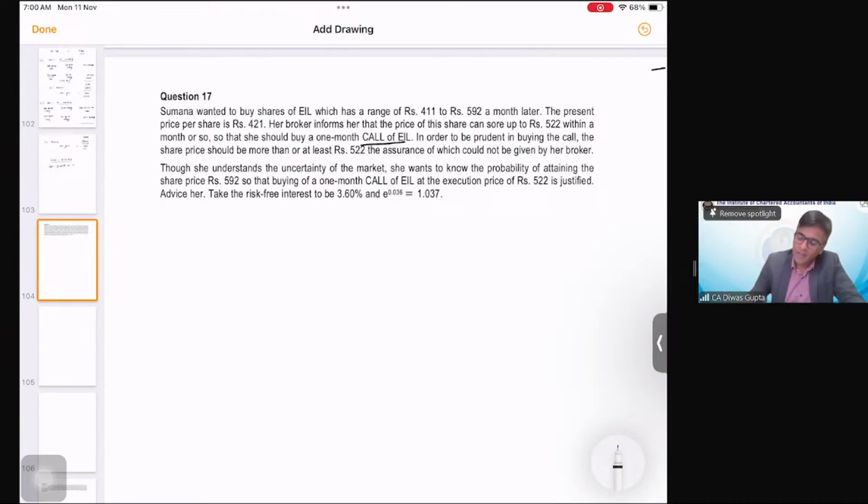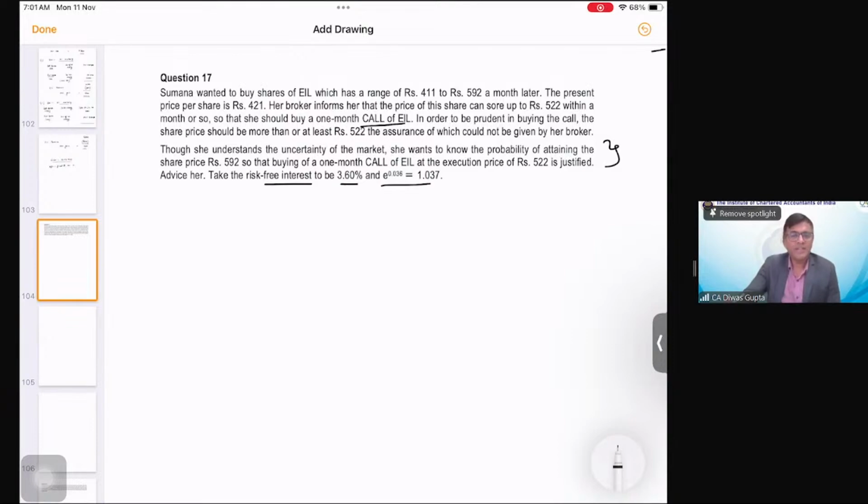So now what the question is asking us to calculate is the probability. Probability of what? Probability of attaining the share price of 592. Advisor take the risk-free rate of interest to be 3.6% and e raised to the power 0.036 is given to us. Clear, students?